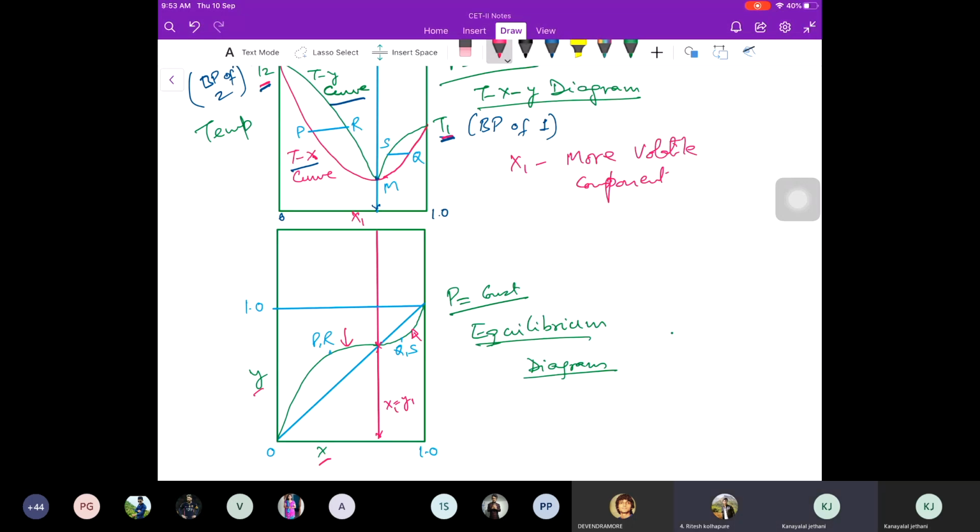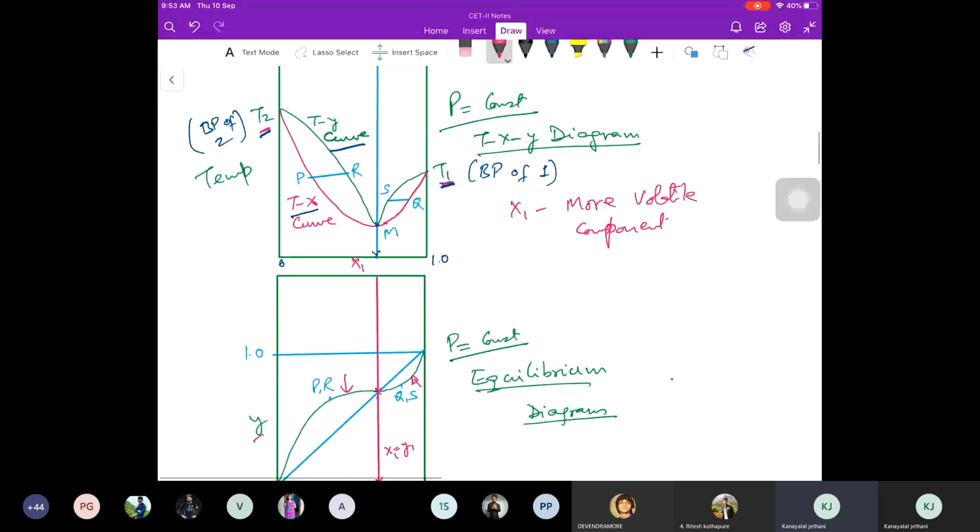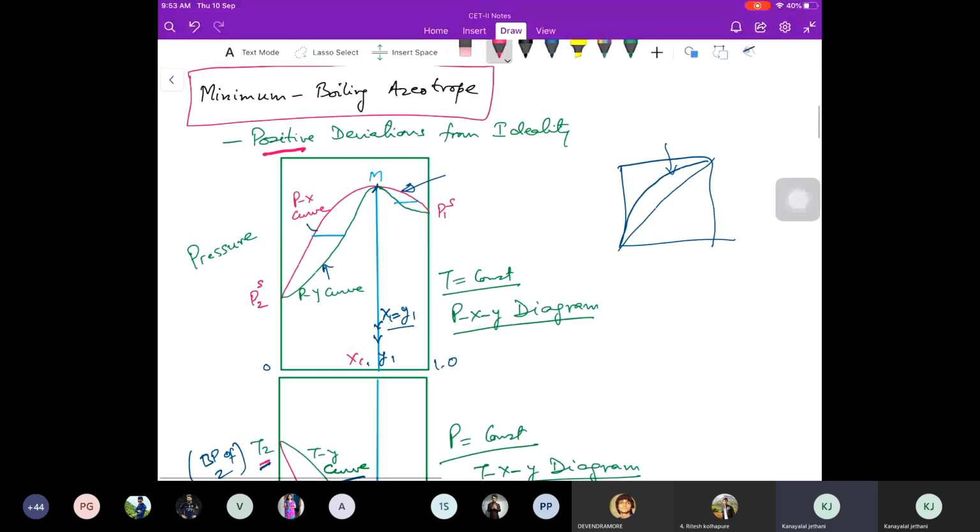सर हम एजोट्रॉप पे दो कंपोनेंट सेपरेट नहीं कर सकते ना? वही तो बोल रहा है, x1 equal to y1 सेपरेट कैसे करें? हाँ हमने देखा था ना, y equal to x डायग्राम देखा था. We have seen that diagram, right? यहाँ पर suppose I take this diagram and I draw a line from x equal to whatever.